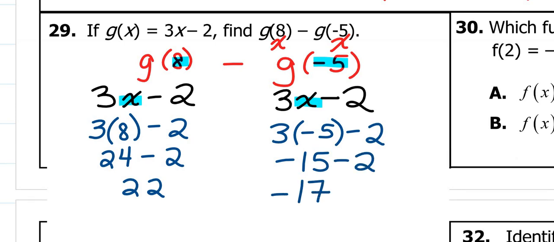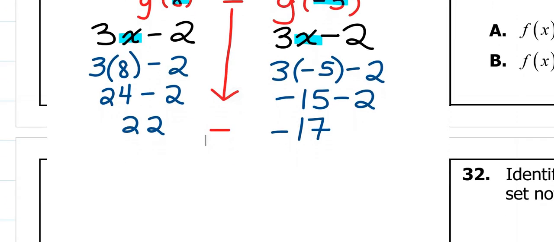-17. Now, remember what we had to do. We had to subtract g of -5. So we're subtracting -17. So notice when we're subtracting a negative, we're going to get a positive. So this is really 22 plus 17.